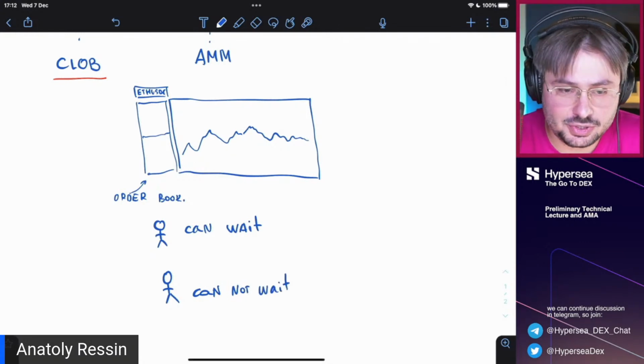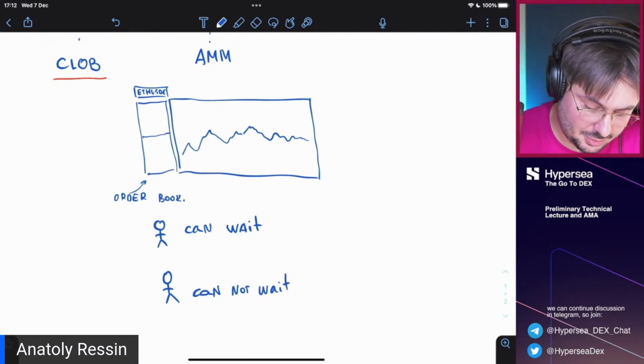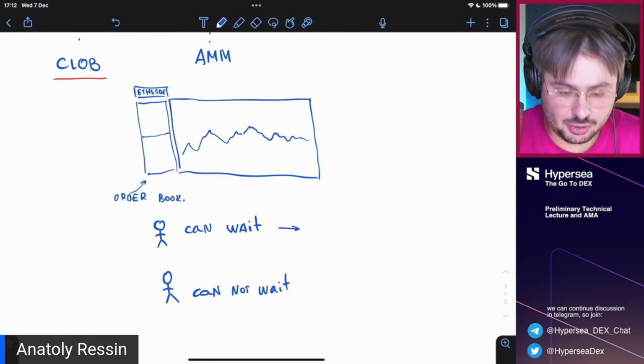And those who can wait, they are placing so-called limit orders.